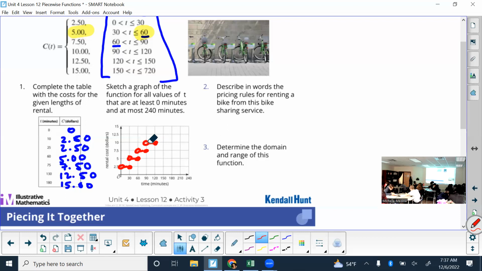Let's see, table 8, where would the next thing be? Kind of follow the pattern here. And then what y value?